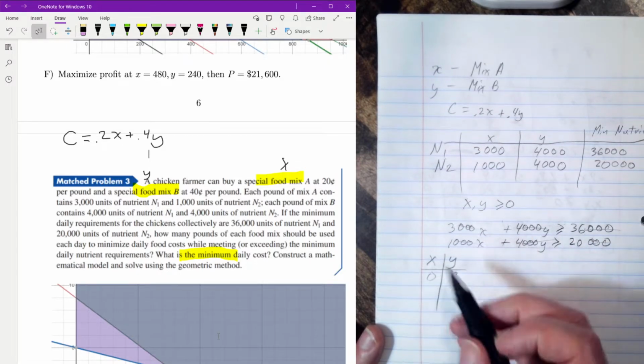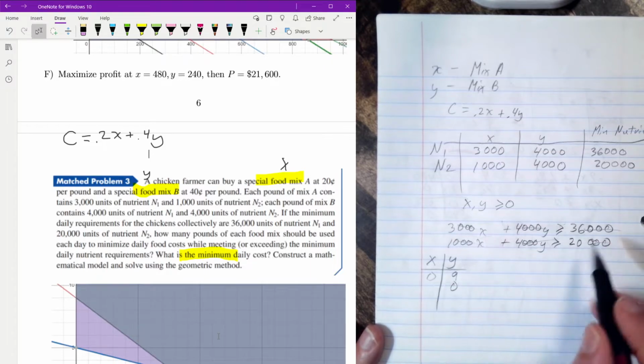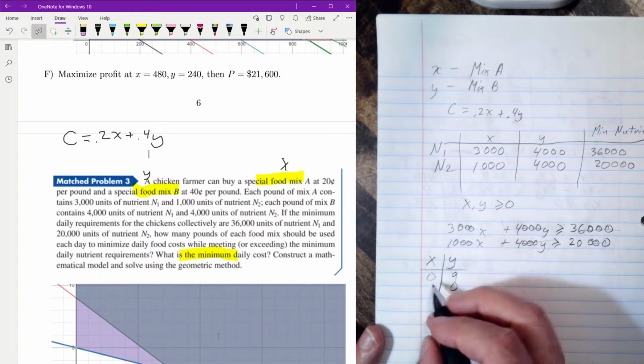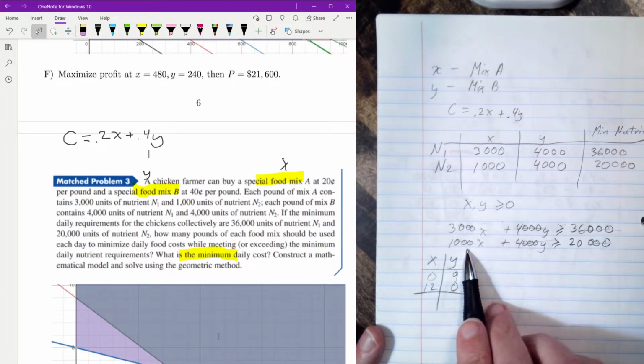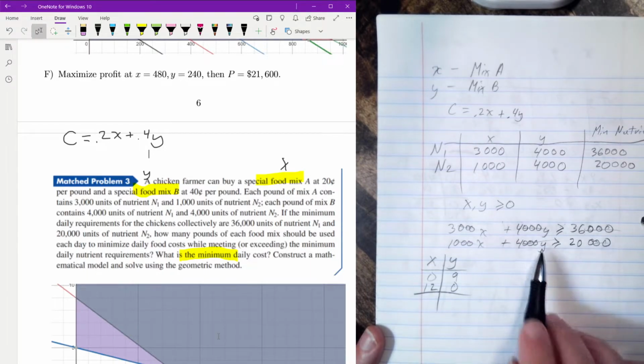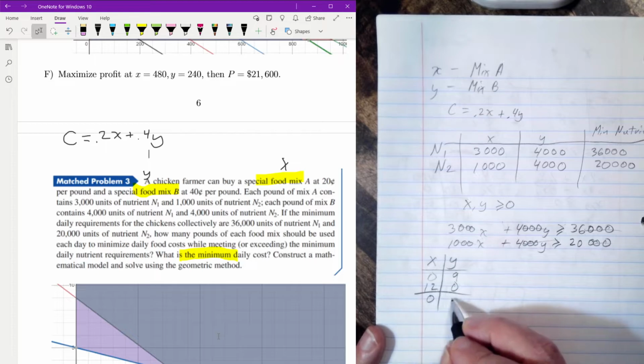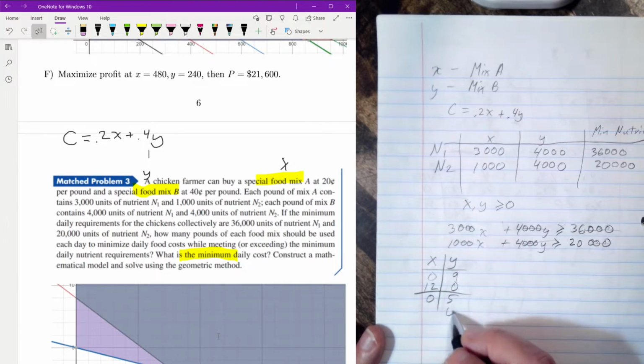And then we'll set a 0. 36 divided by 3 is 12. For this, 20 divided by 4 is 5, and 20 divided by 1 is 20.